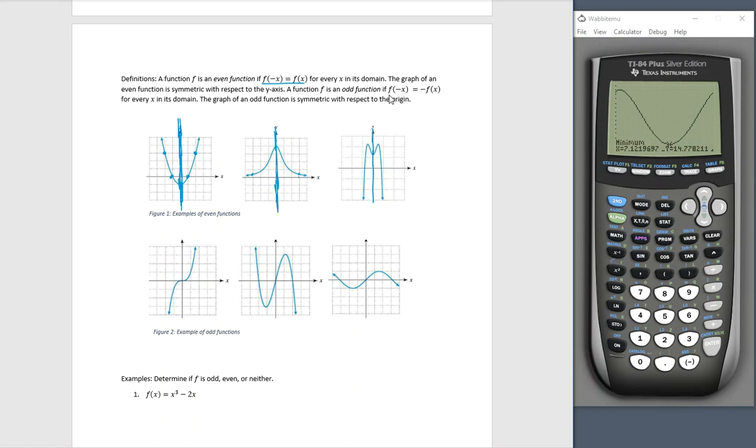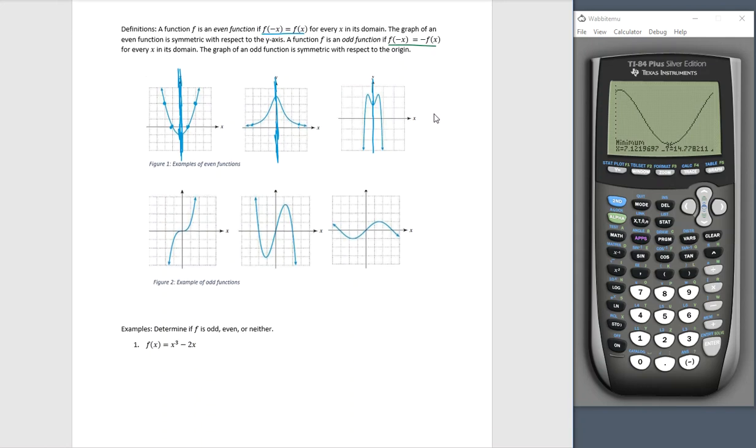Whereas with an odd function, inputting a negative x value gives you a negative y. So here I have the point 1, 1. If I change my input to a negative 1, my output also changes to a negative 1. Let's try this again. Well, there's no other good points in there. But change the input sign to a negative, it changes the output sign to a negative.